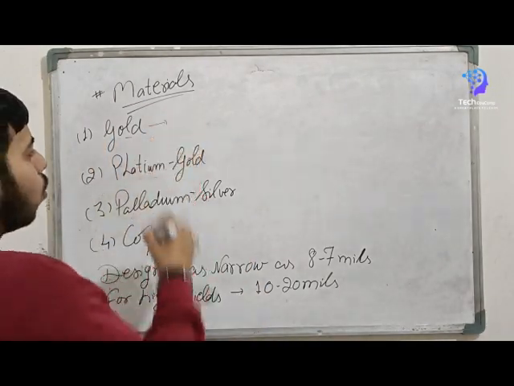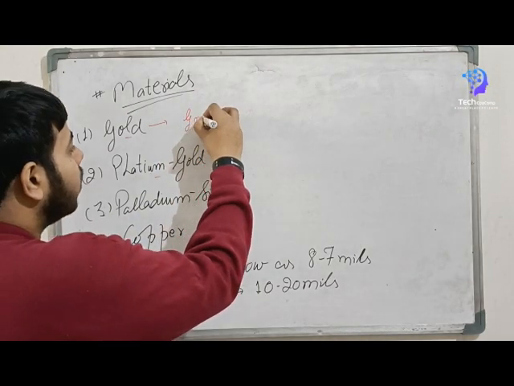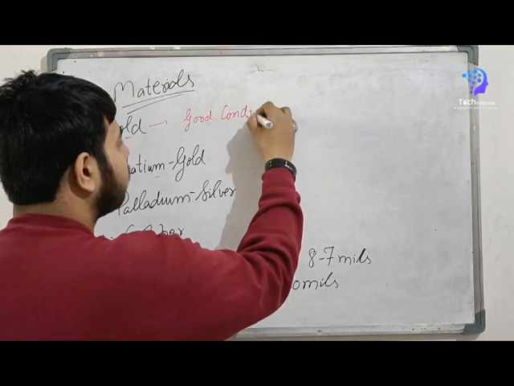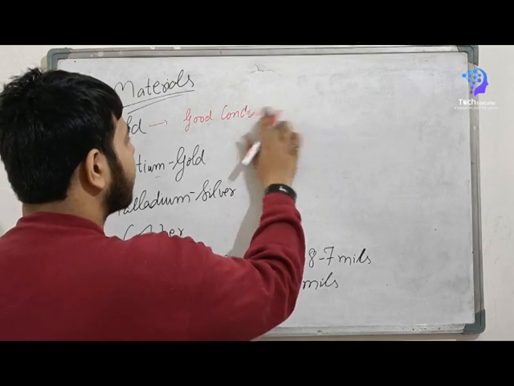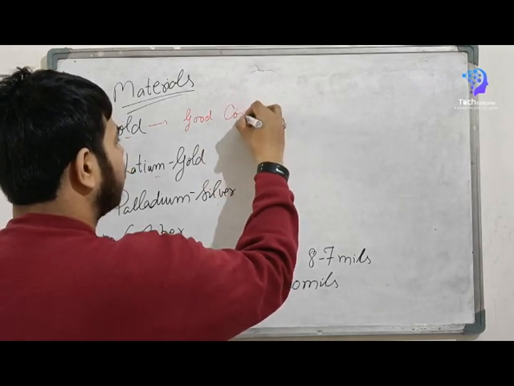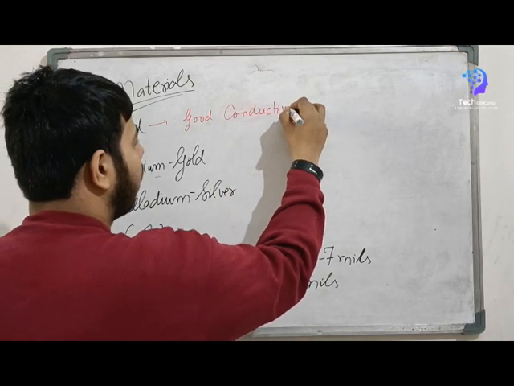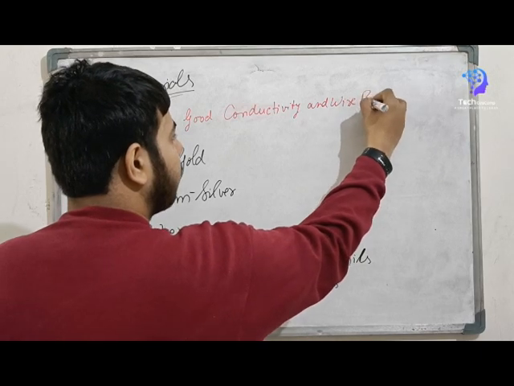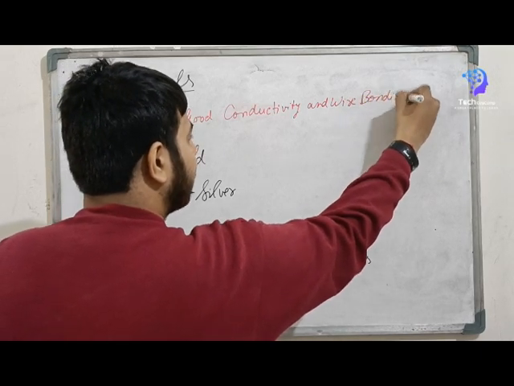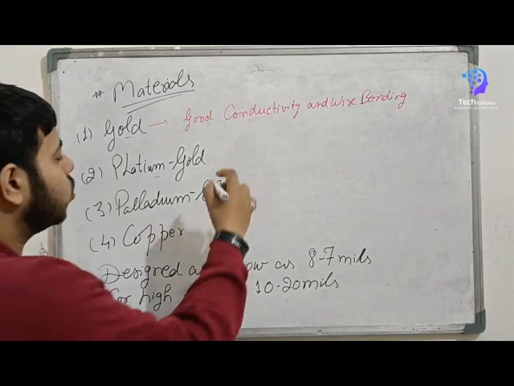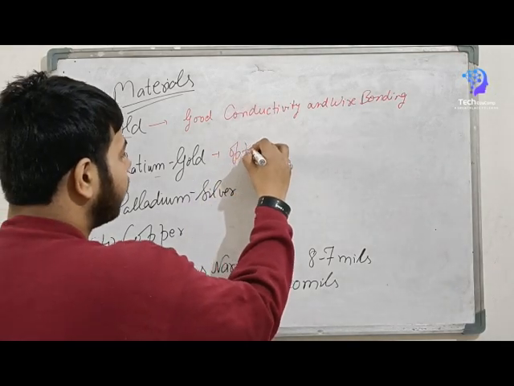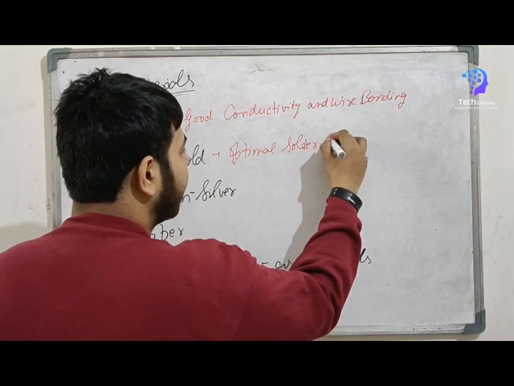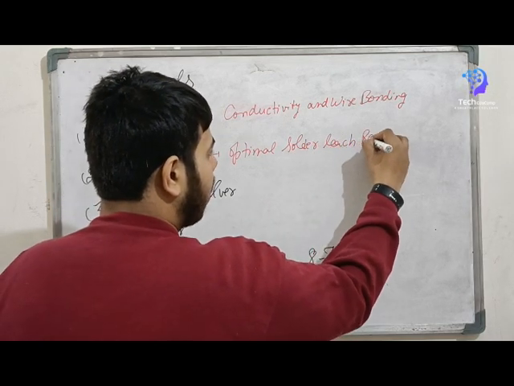First of all is gold, which is used for good conductivity and wire bonding. Second is platinum gold, which is used for optimal solder leach resistance.